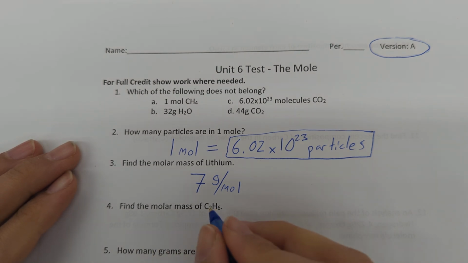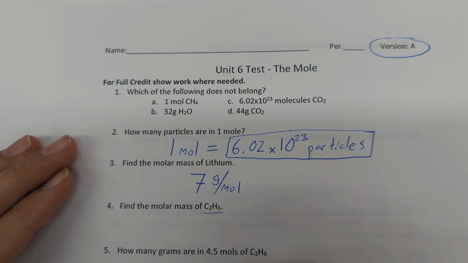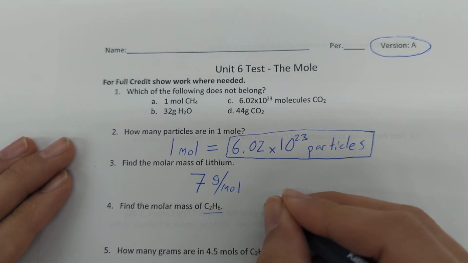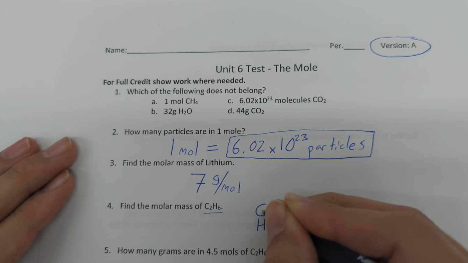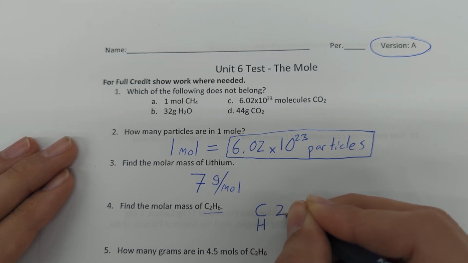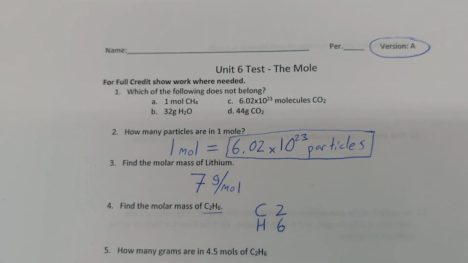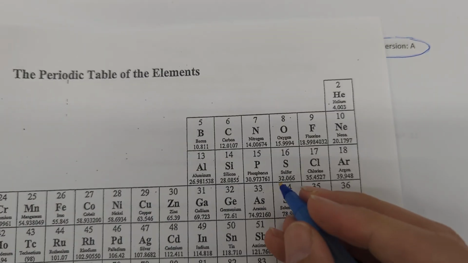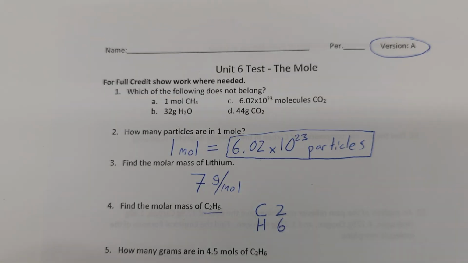If I wanted to find the molar mass of a molecule, you have to add up the mass of every atom in the molecule. What I like to do is write it out like this. We have 2 different elements: carbon, we have 2 of them, and we have 6 hydrogen. We have to look up the mass of carbon. Carbon has a molar mass of about 12 grams per mole.